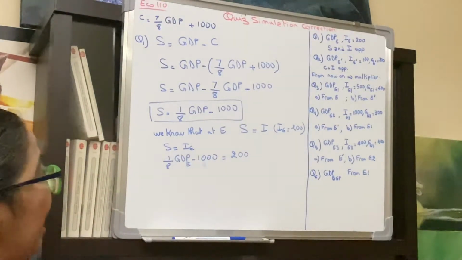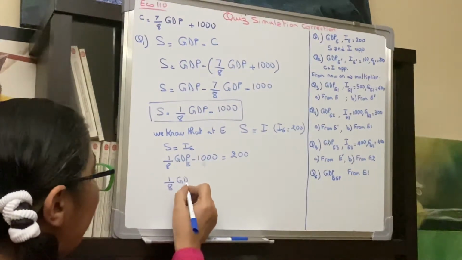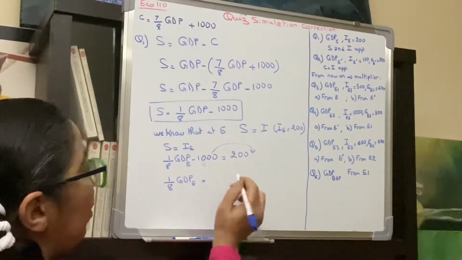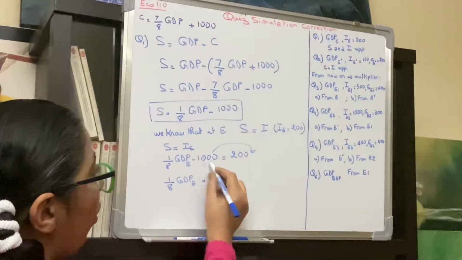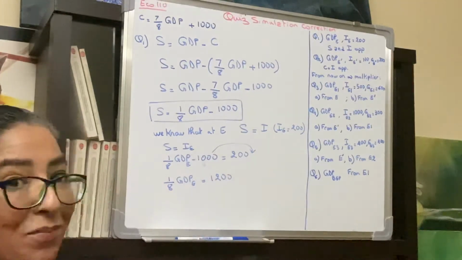Okay? Now, 1/8 GDP at equilibrium is equal to 1,200.